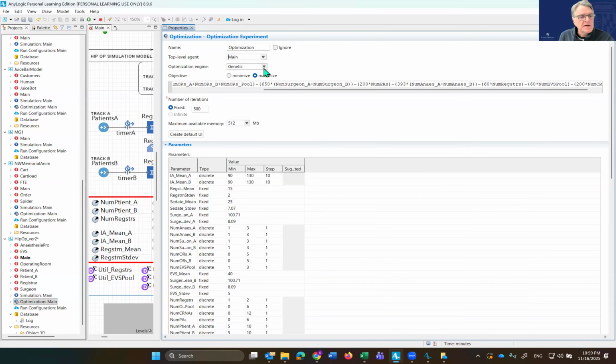Okay, so what else to know about this? It's using a genetic algorithm, and you can research this. Basically, it's using genetic operators supposedly to come up with proposed changes to all of these quantities that are available for change, like the number of anesthesiologists, the cadence, and so forth. These are all discrete changes.